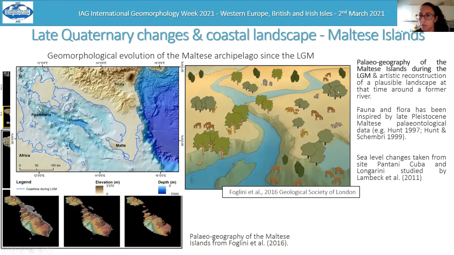Indeed, we were able also to make an artistic reconstruction of a former fluvial environment, exploiting paleontological data found in Maltese caves.